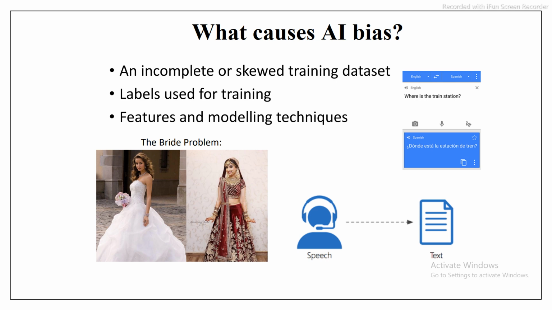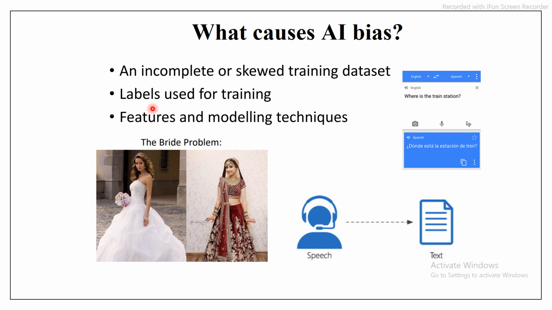They create a problem that it's not recognized as a bride. So the labels used for training are very important, meaning how you are labeling your data. If the bride is not labeled as a bride in your training data set, then when you put this image in as test data, it will not give you the result as a bride.